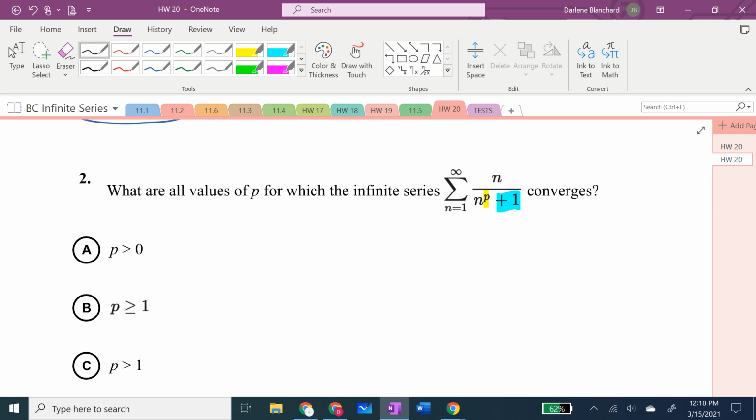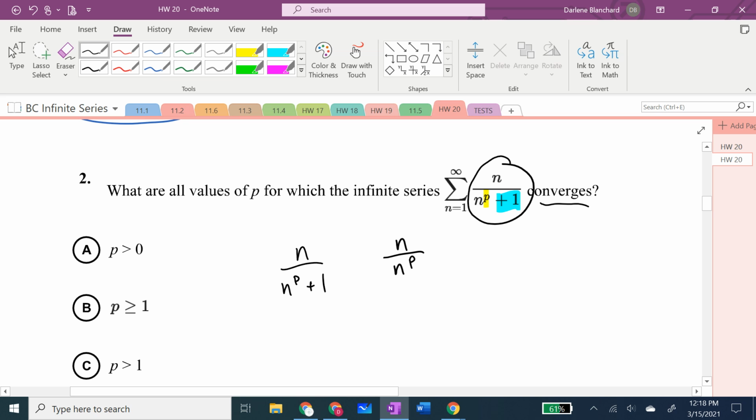And you might realize that you need to compare it to n over n to the p power. Now we're only wanting to know for converge. So let's see if direct comparison test will allow me to do the converge. My series is n over n to some power plus 1. If I'm adding 1 to my denominator, that forces my overall fraction to be smaller than the one that doesn't have the +1 in the denominator.